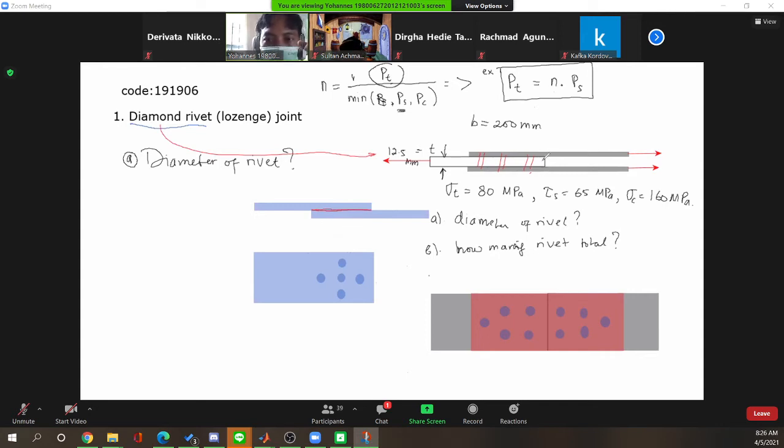But for the double strap butt joint like this, we have 2 overlap areas. This is the first, and this is the second. For each overlap area, we have to put 5 rivets. That's the answer, Sultan.